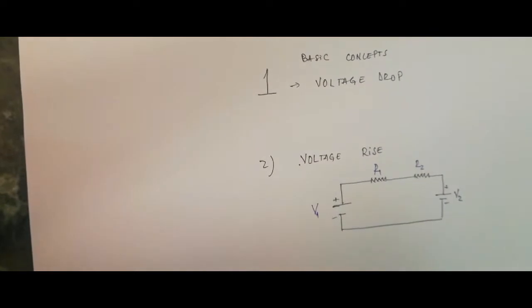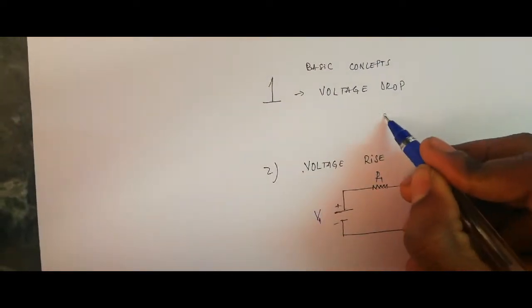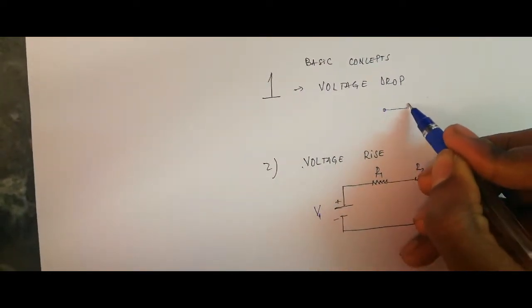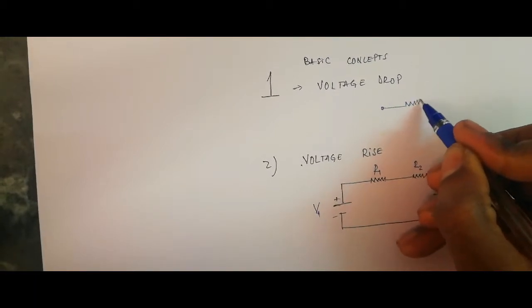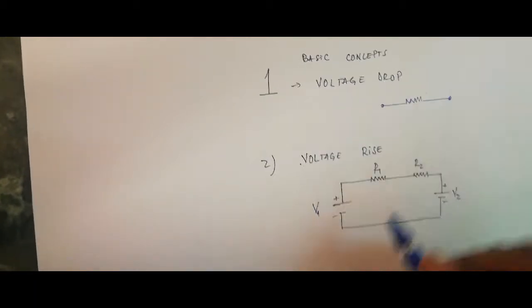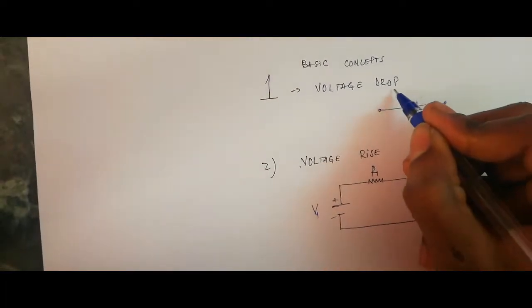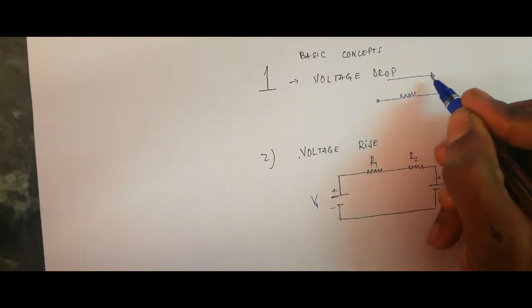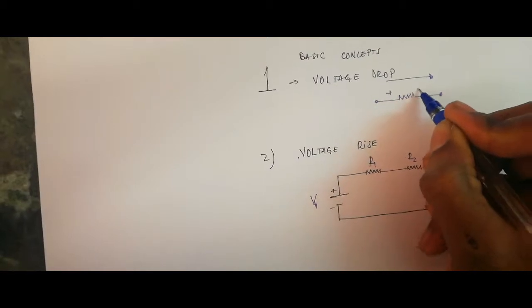What is the voltage drop? Let's suppose that we have one point here and we have a resistance. Let's suppose that the direction of the current is this one, from positive to negative.